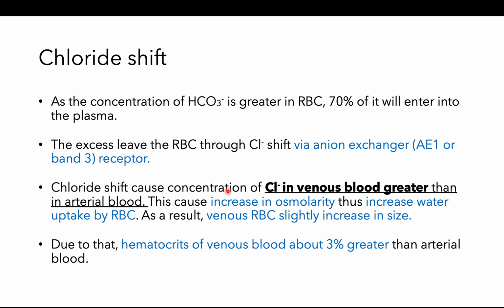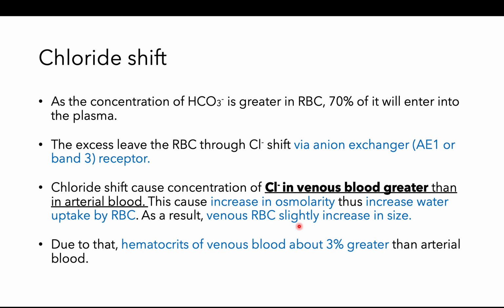Okay, that's why if you take a look at the venous blood, tu maksudnya blood daripada vein lah, deoxygenated blood, you will see that they have a high chloride content in the venous blood. Sebab dia dibawa sebagai chloride kan, tak bawa sebagai bicarbonate. Alright, so chloride content in the venous blood is greater than the arterial blood.